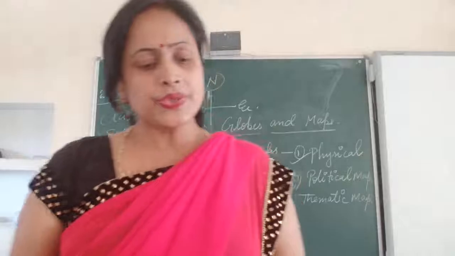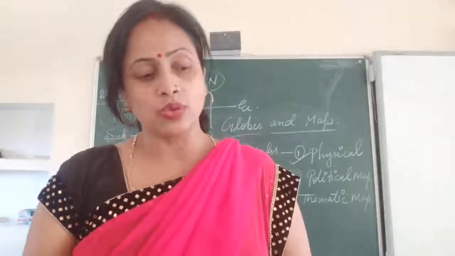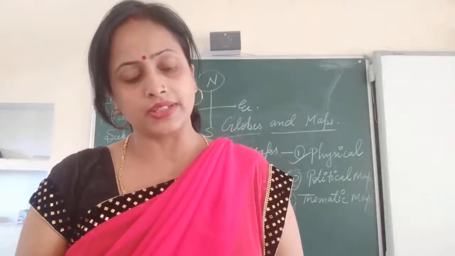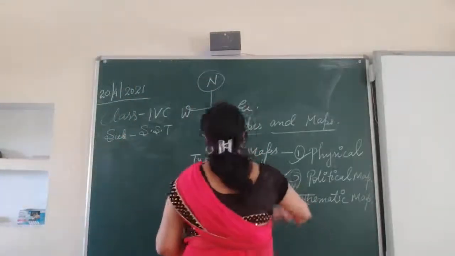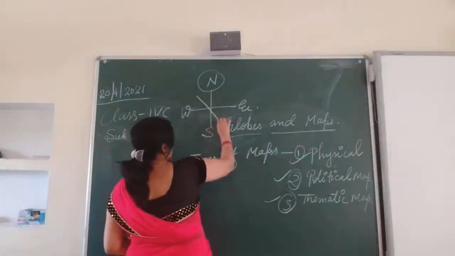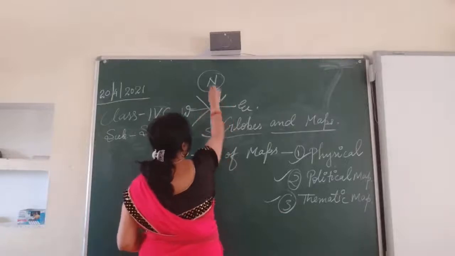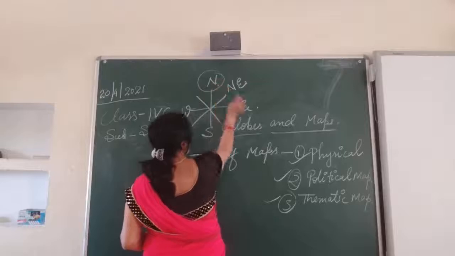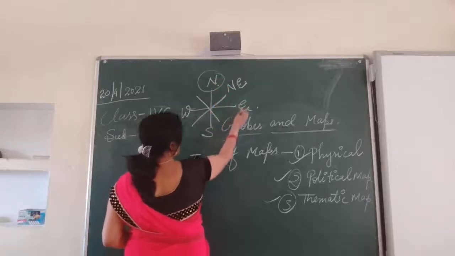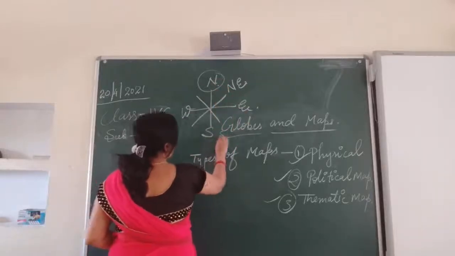We can also use the directions northeast, southwest, southeast, northwest to locate the different places. Here, these are the main four directions. Suppose here, this one is northeast because it is in between north and east, and this one is southeast.